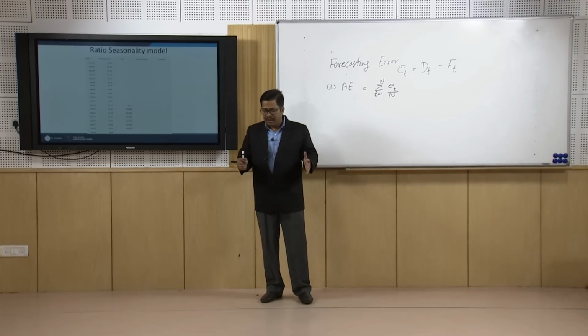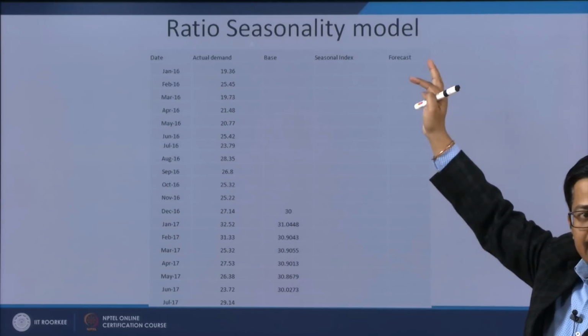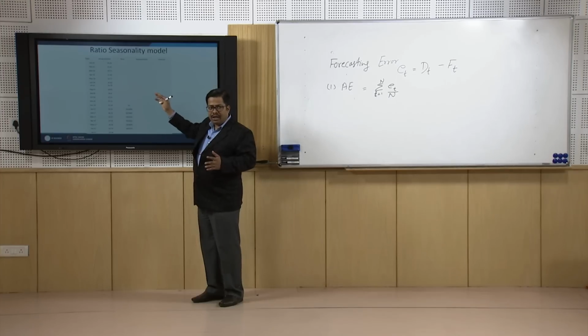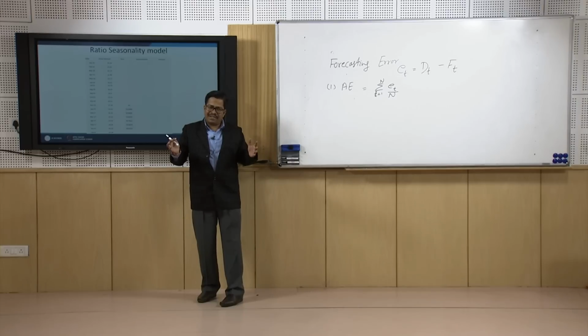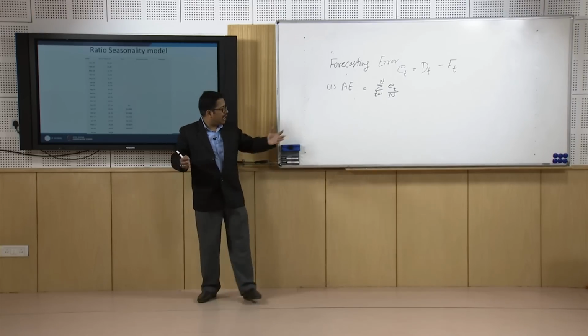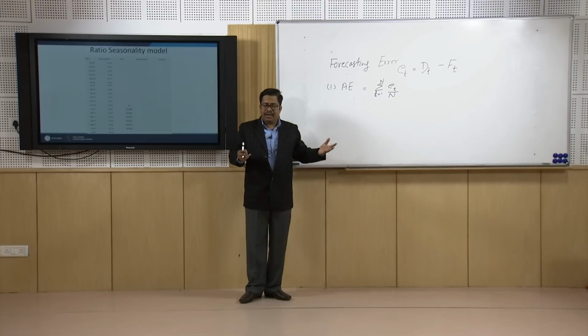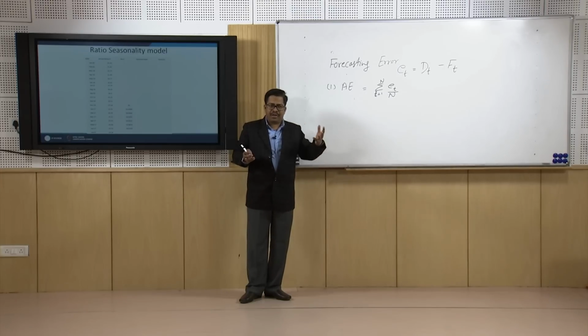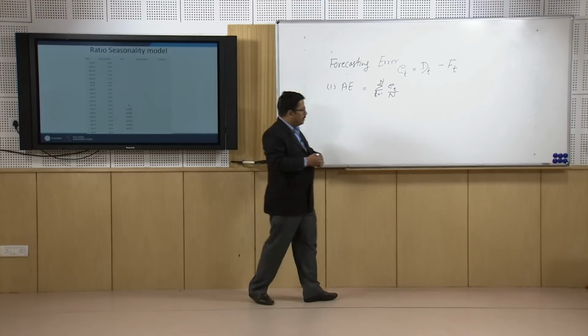It is possible that for one period the error is plus 10 and for another period the forecasting error is minus 10. If I take the average of these two forecasting errors, plus 10 and minus 10, the average error will be 0. But in both these periods, the forecasting error is individually very high, yet the average error will be 0.